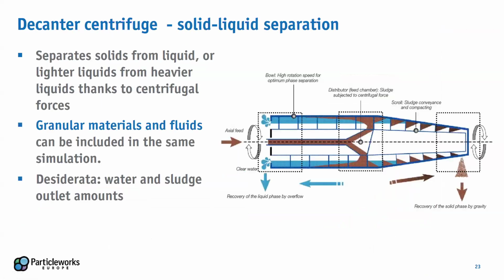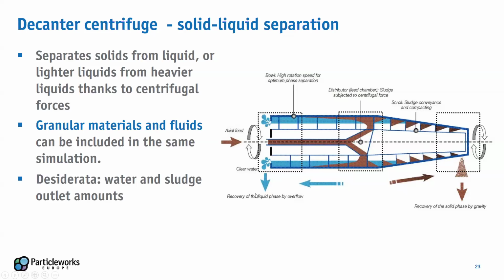Another example of this coupling between fluid and powders is a decanter centrifuge. In this case, we have a mixed phase coming in the center, and because of the rotational forces, we have water going out in the recovery area, while the solid sludge can be separated in the front.